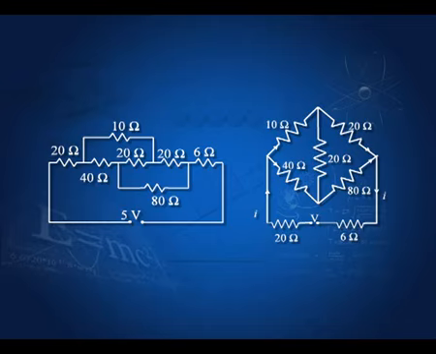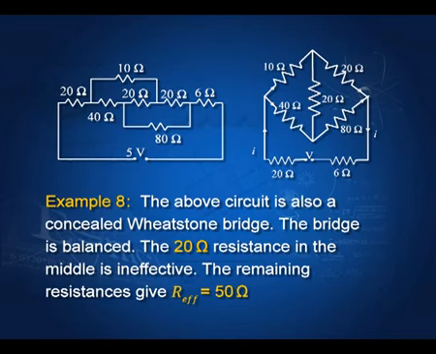So, if they are balanced, therefore, there is no current through this resistance, and therefore, you can find the effective resistance. The effective resistance of this is how much? 20 ohms, and this adds to this 30 ohms, and the total resistance is 50 ohms. The important thing to notice is that this is nothing but a balanced Wheatstone bridge. So, you can ignore this 20 ohms.